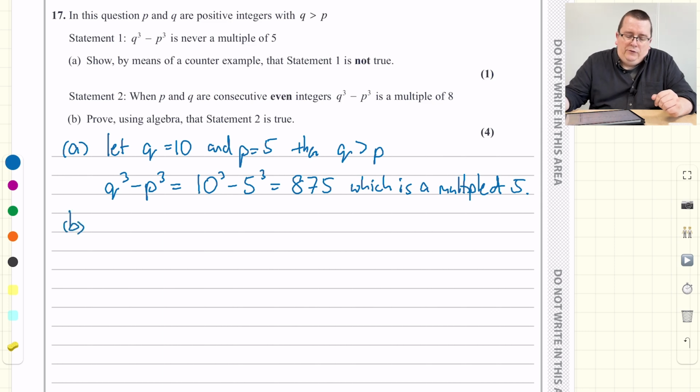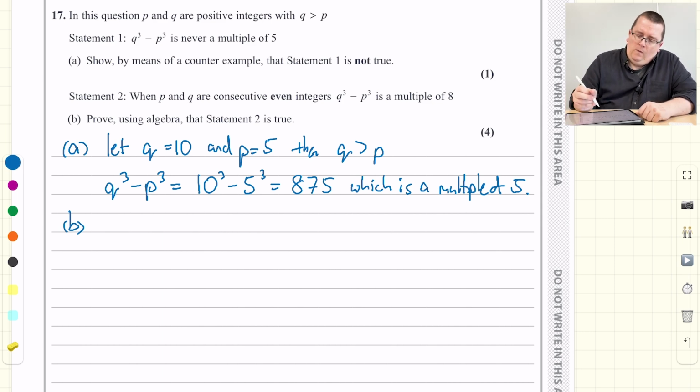Part B. Statement 2, when p and q are consecutive even integers, q cubed take away p cubed is a multiple of 8. Prove, using algebra, that statement 2 is true. Okay, so consecutive even numbers.